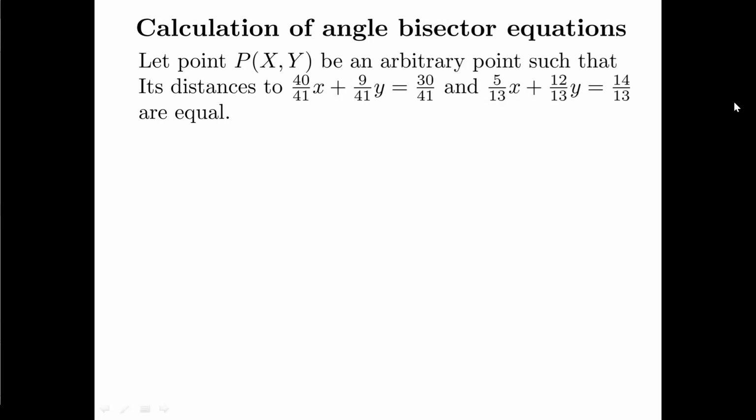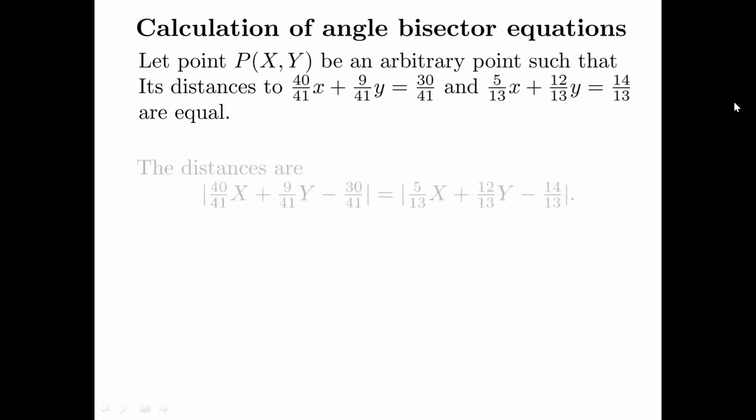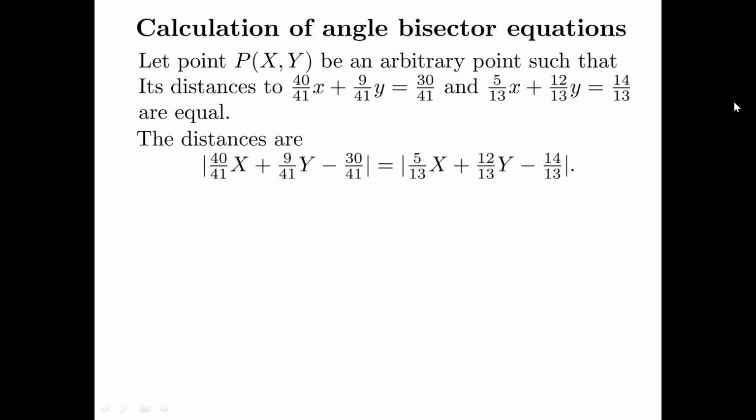Let point P with coordinates capital X, capital Y be on an angle bisector of the two lines. Then its distances to the lines are equal. The distances can be calculated by plugging capital X, capital Y into the equations and taking absolute values. Again, please watch my previous videos for details.